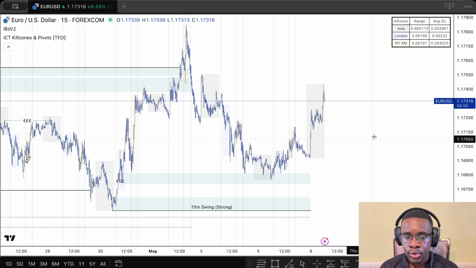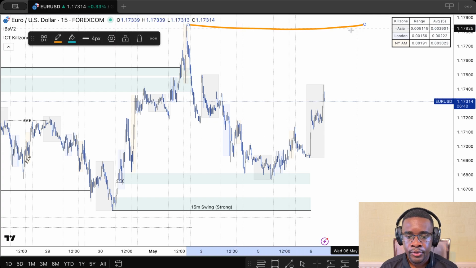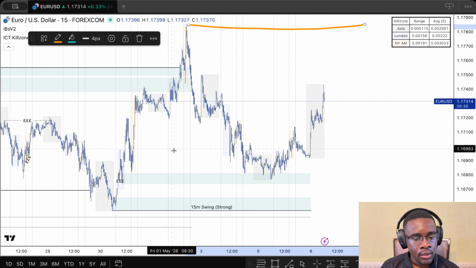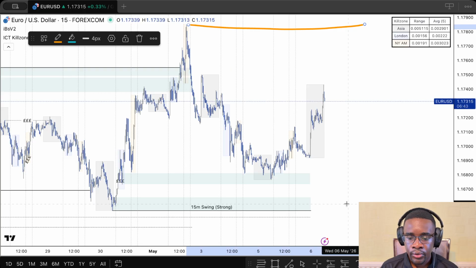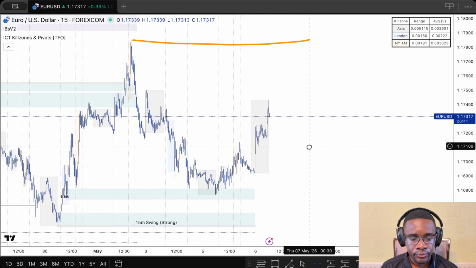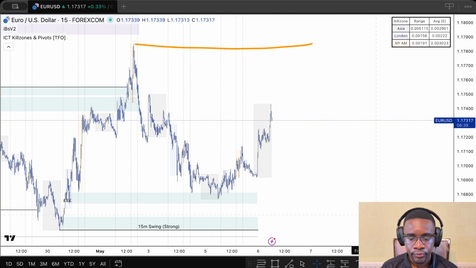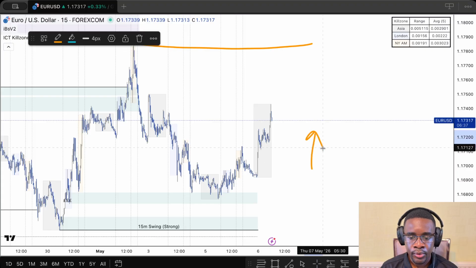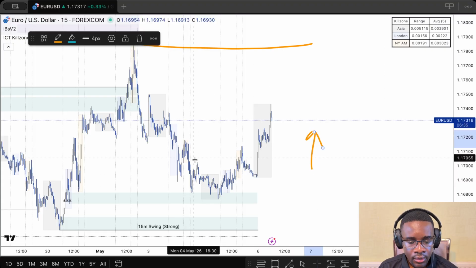So what do we now expect? Swing range is bullish for the M15. Internal has also shifted bullish now.